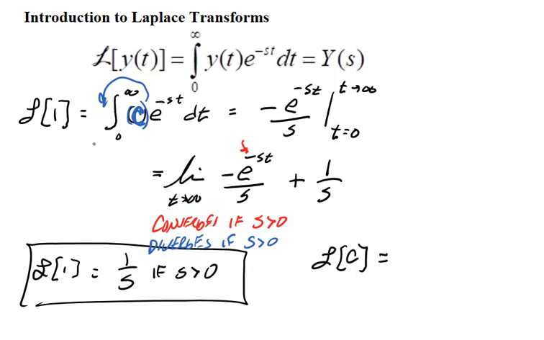So this would be c times the integral from 0 to infinity. The only thing that changes is that we have a c times 1 over s, which is the same as c over s. And again, as long as s is greater than 0.